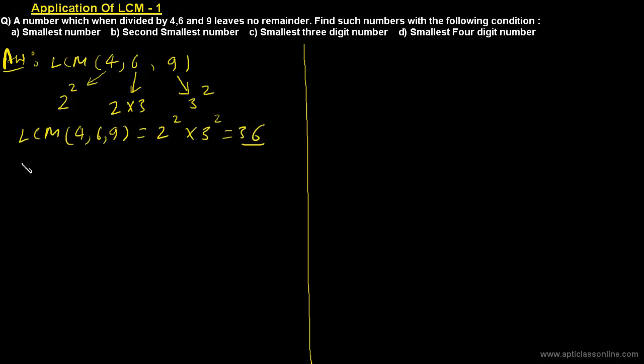So what is the meaning of this LCM? LCM means least common multiple, which comes up to be 36.